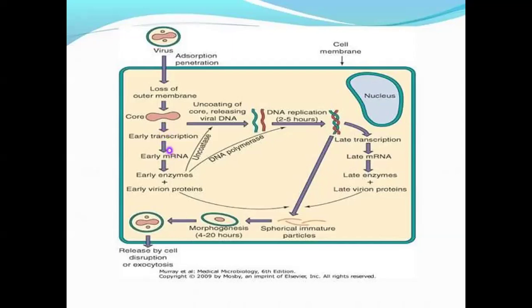These are called early genes. The early genes will be transcribed from DNA to mRNA. Transcription has happened, so you get from DNA to RNA. Then what happens here?